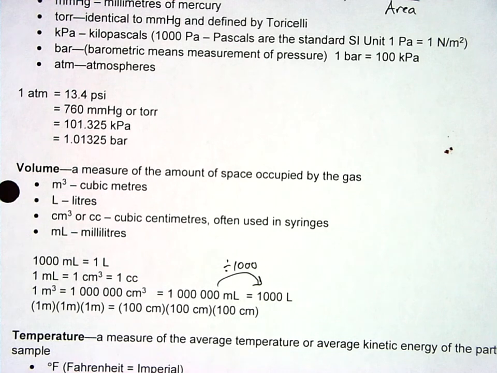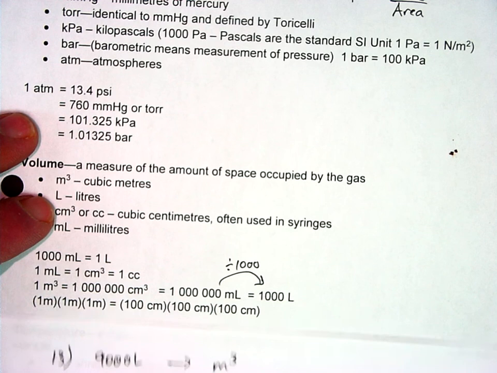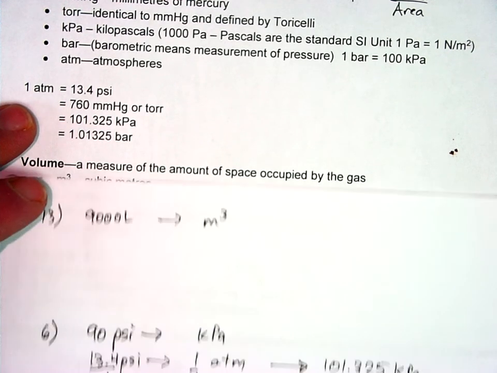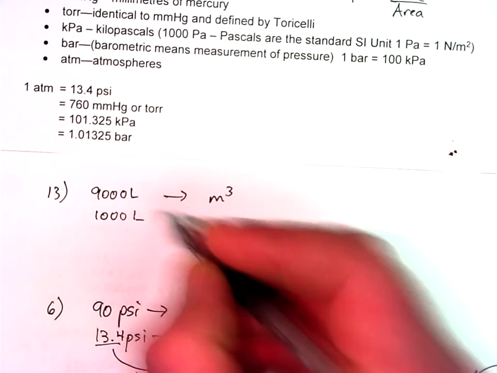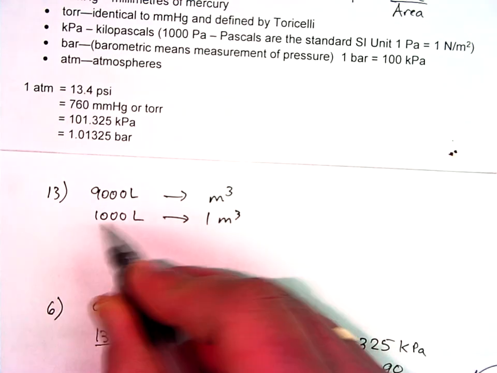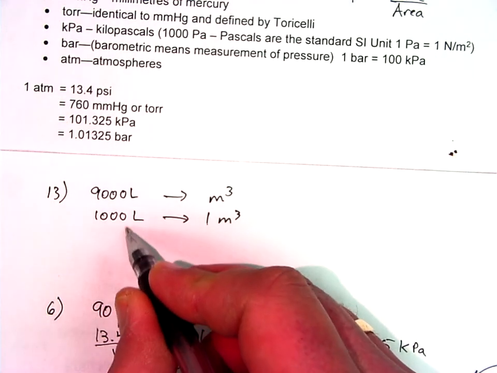So we'll look at this example. Again, we can kind of use what we have here, and I'm just going to use a simple method for this. So 1,000 liters, this one you could probably do in your head, is the same as 1 meter cubed. What's the math that we have to do to go from 1,000 to 1? Remember, it's either going to be division or multiplication.